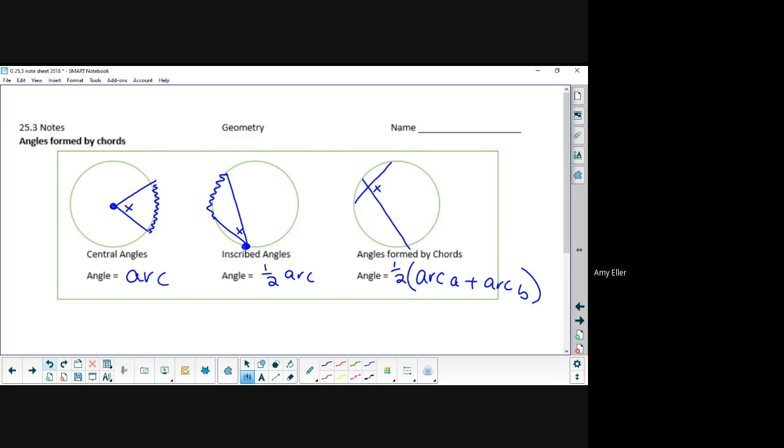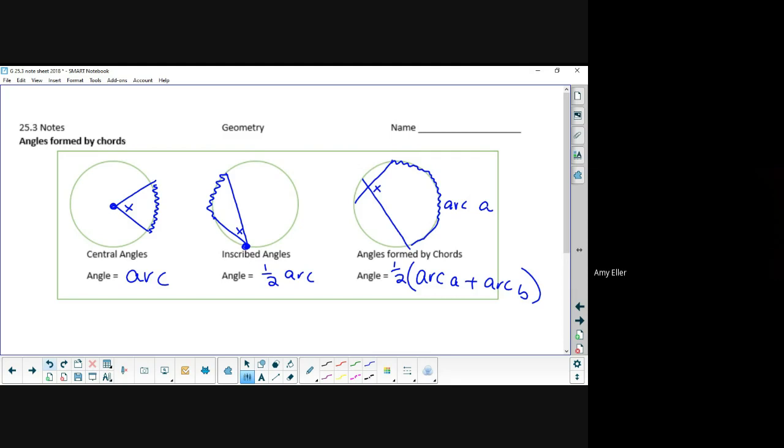Where's arc A and B? Let me show you. Think of this angle as like a light. If this is a light, it is shining out on the circle, highlighting this arc. That is arc A. Your angle as a light, shining out.